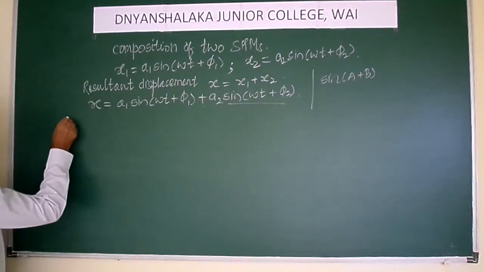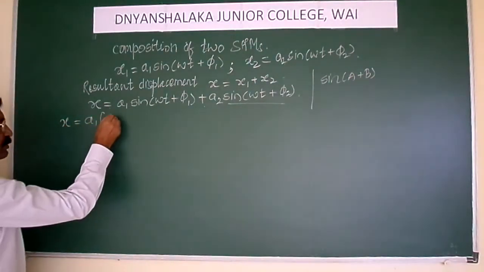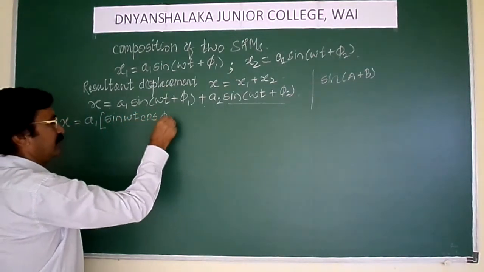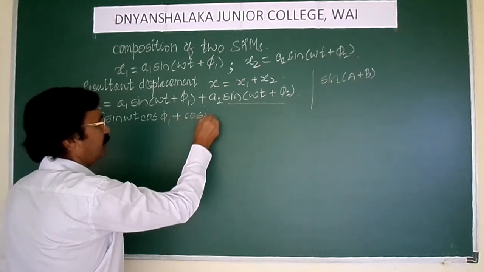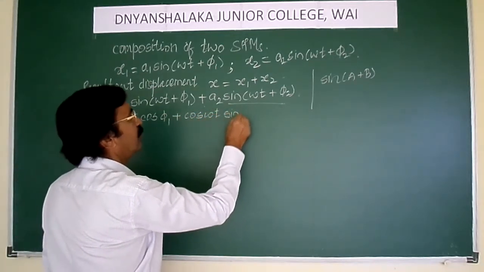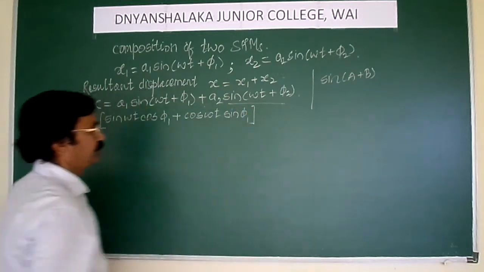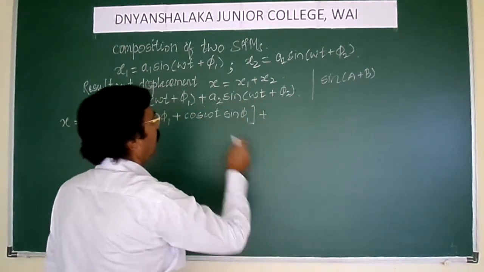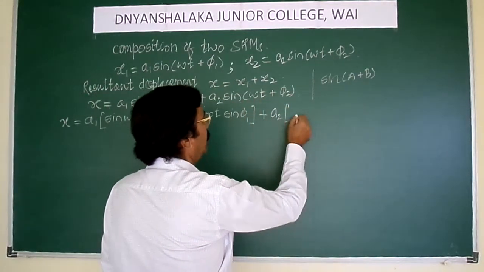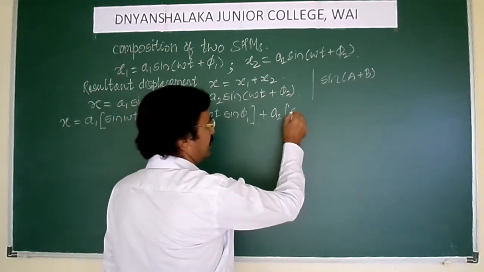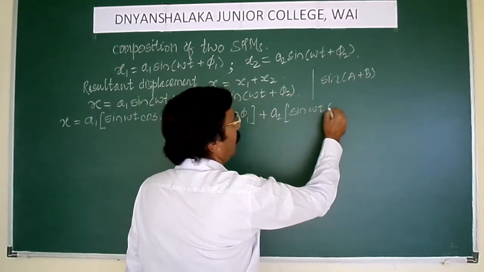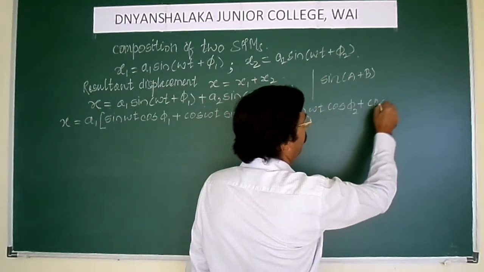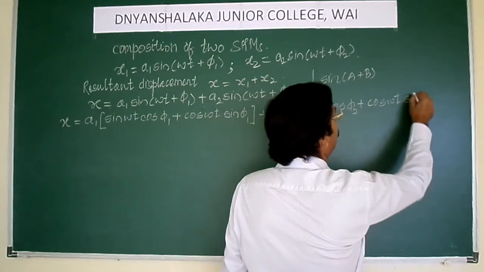So here the expansion can be sin ωt cos φ1 + cos ωt sin φ1, plus A2 into, yes, this can be written as sin ωt cos φ2 + cos ωt sin φ2.